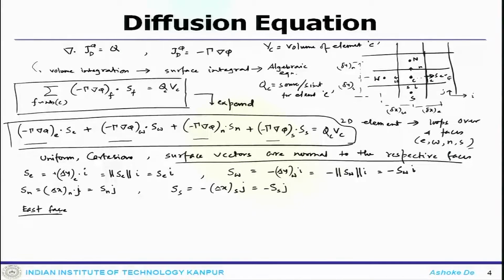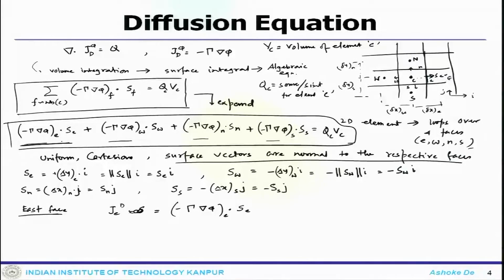That is essentially J e dot S e, which is minus gamma del phi at e dot S e. This is the term essentially.